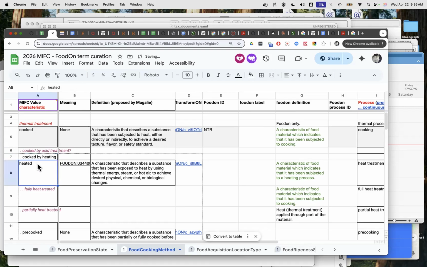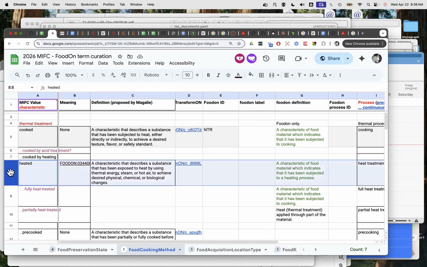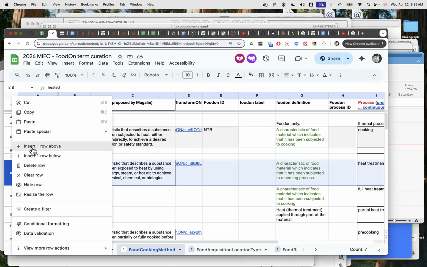So there's cooked by heating. There's heated, which is not necessarily cooked. And you can just insert thermal treatment between line 7 and line 8, I guess. That's right. Cooked by heating. Yeah, right. Insert one row above.